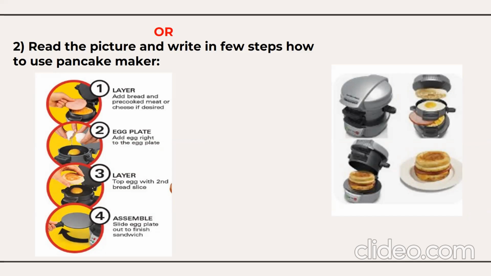Second, egg plate, add egg right to the egg plate. Layer the top egg with the two bread slices, and then slide the egg plate out to finish the sandwich, and afterwards serve it and enjoy it. So like this you can make 5 or 6 steps and you'll get 2 marks. You have a choice here.